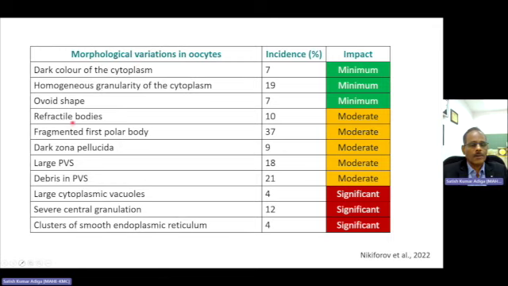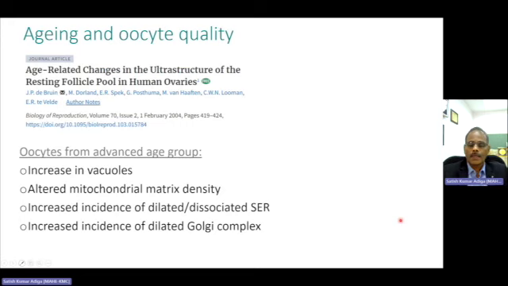Oocytes with refractile bodies, a fragmented first polar body, dark zona pellucida, a large perivitelline space, and debris in the perivitelline space have a moderate negative impact on fertilization and developmental competence of the embryo. Oocytes with a large cytoplasmic vacuole or multiple vacuoles, severe central granulation, and clusters of smooth endoplasmic reticulum may have a significant negative impact on the reproductive outcome.